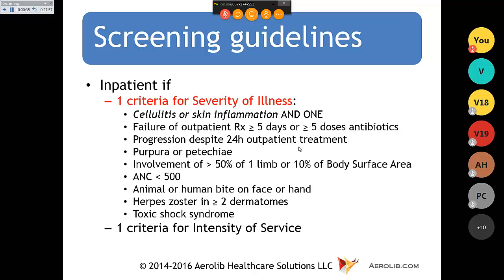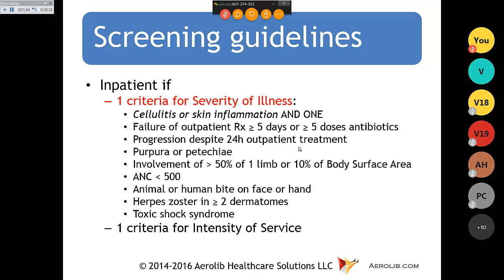If there's purpura or petechiae, so documentation of a microplatelet process going on, if the patient's on long-term steroids, if ITP is going on, involvement of more than 50% of one limb or 10% of body surface area, ANC levels. Again, this is from evidence-based guidelines showing that if ANC is less than 500 and the patient has fever, there's a risk of febrile neutropenia, and the risk of sepsis and death is higher.